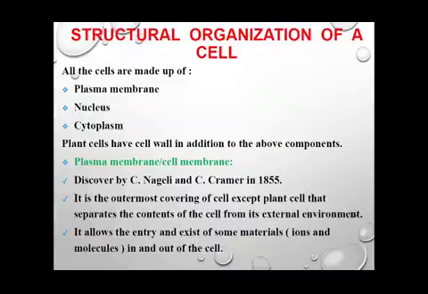So the plasma membrane is managing, allowing certain materials to enter, while for certain materials it has a complete restriction. So it allows the entry and exit of some materials in and out of the cell.